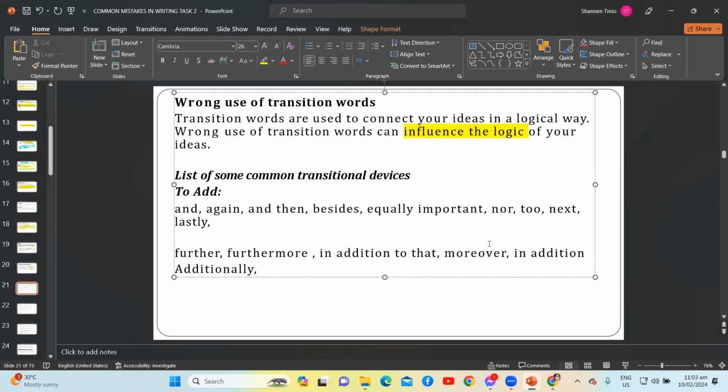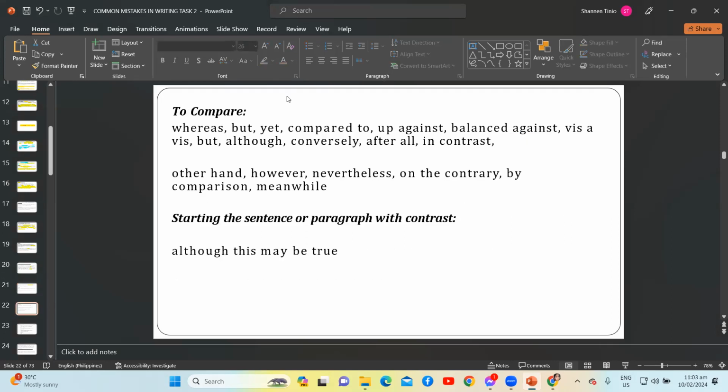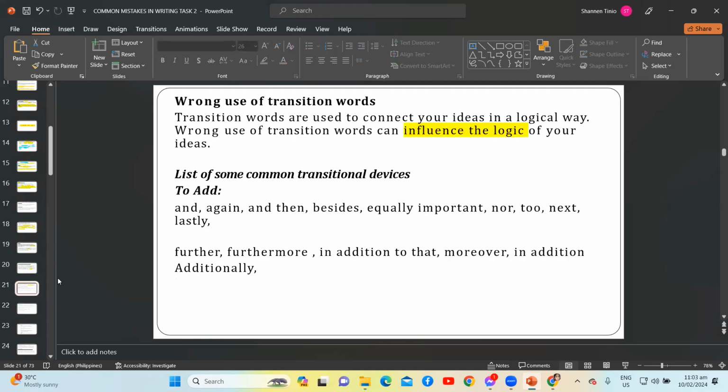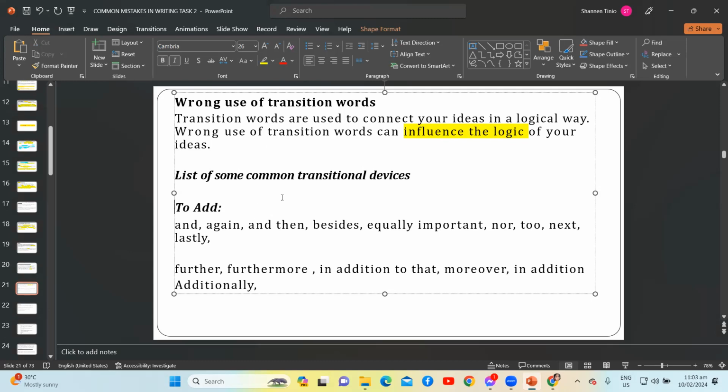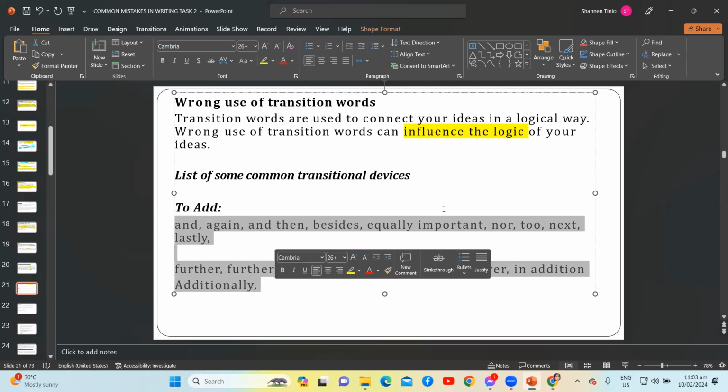Okay? May category po kasi yan. Kung meron kang gustong idagdag sa gusto mong sabihin, these are the list of transition words that you could use.